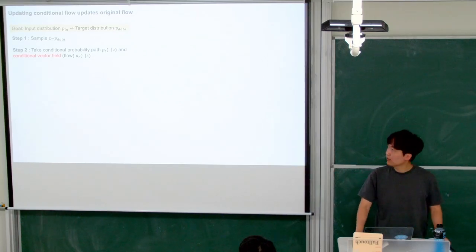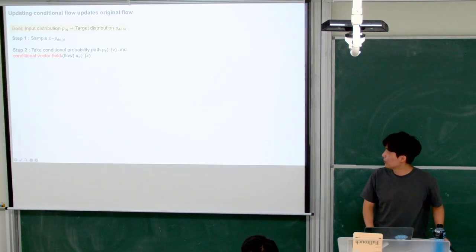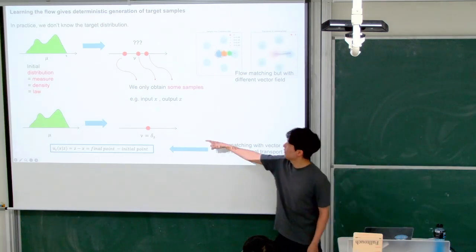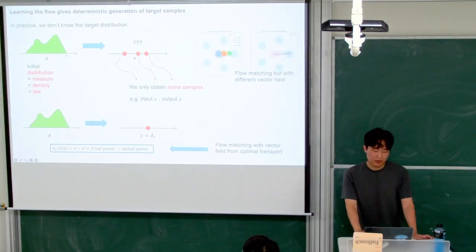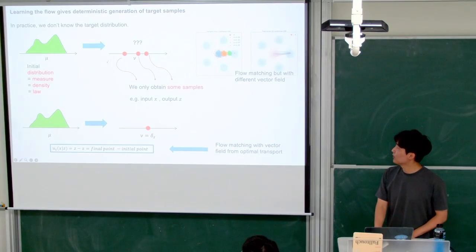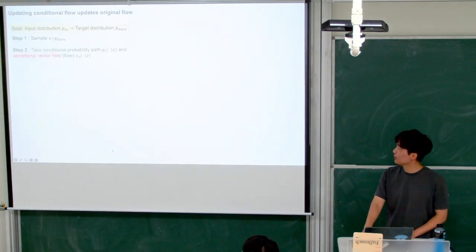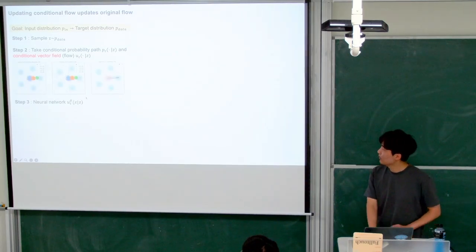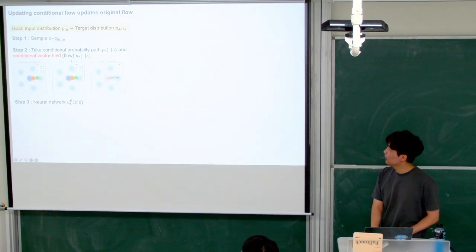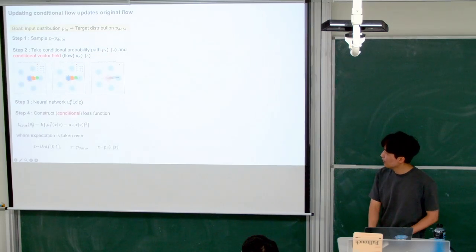Then we take some conditional probability paths. Instead of thinking of the whole distribution, we take some conditional probability paths like this. Then having known this, we train some neural network which satisfies and minimizes its cost to run these trajectories.